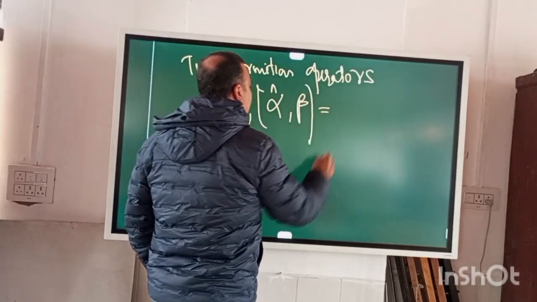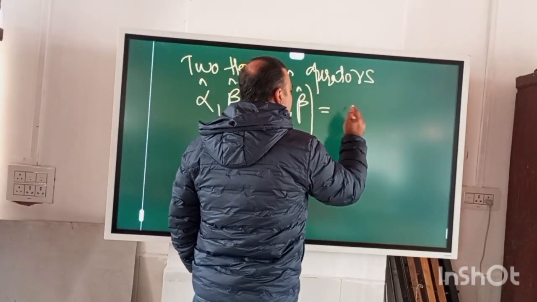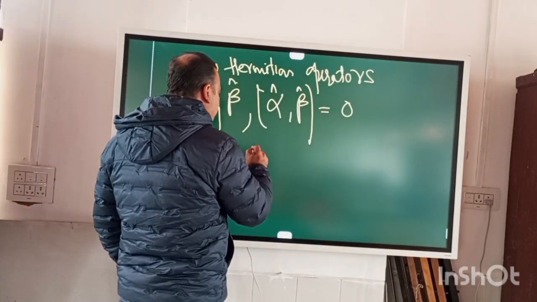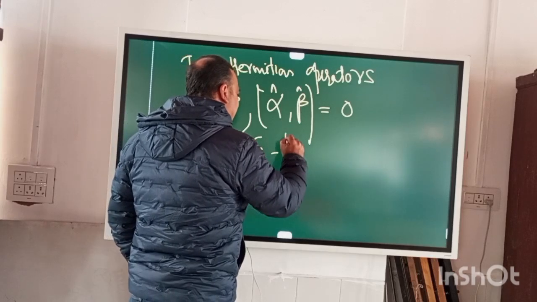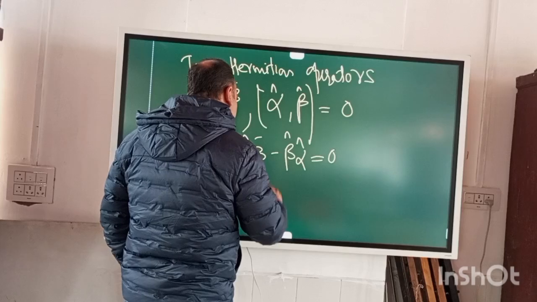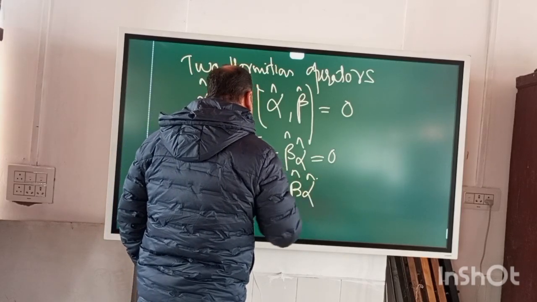If they commute, their commutator is equal to 0. So the result of this commutation is alpha cap, beta cap minus beta cap, alpha cap is equal to 0. So alpha cap beta cap is equal to beta cap alpha cap.